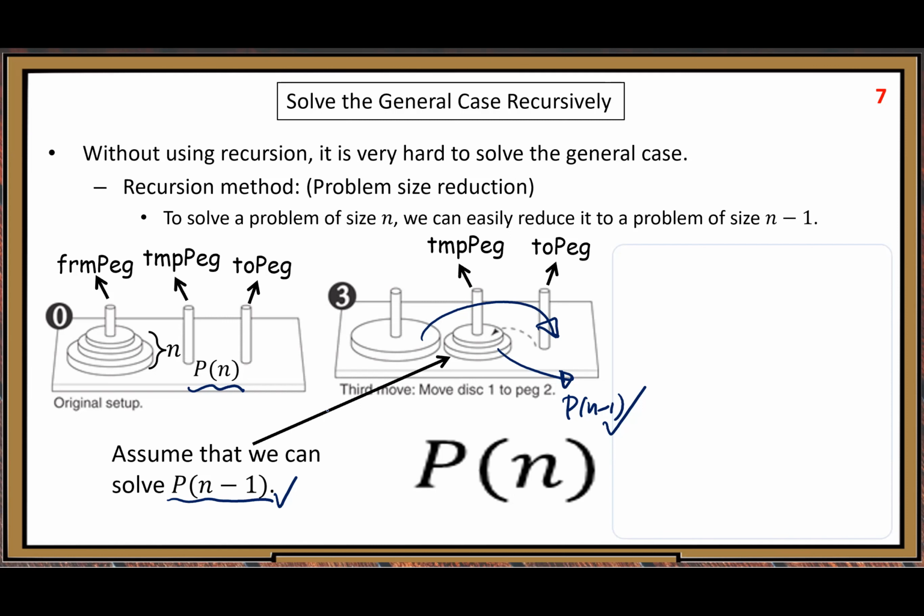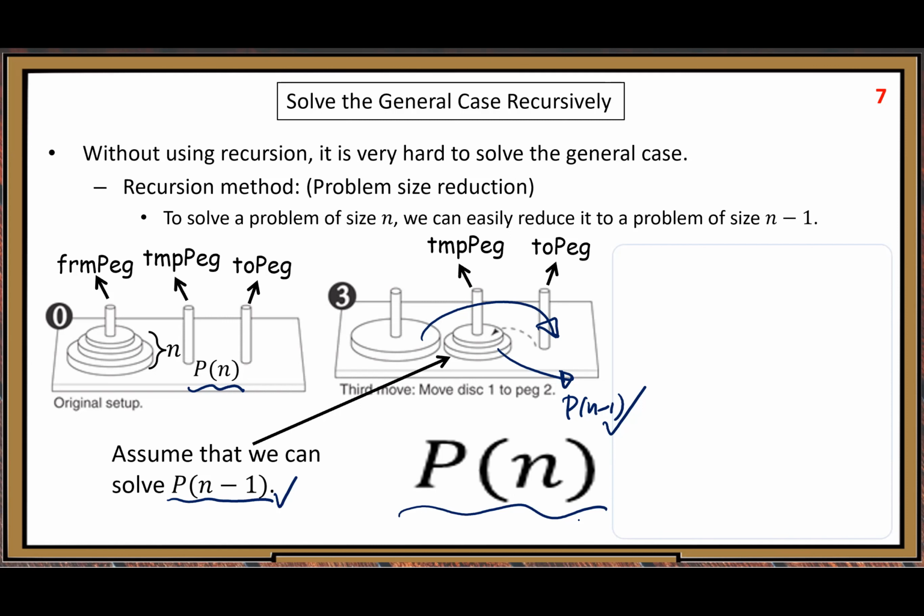Other than that, the moves you make, the order, are pretty much the same. So then we solve the whole problem, P of n.